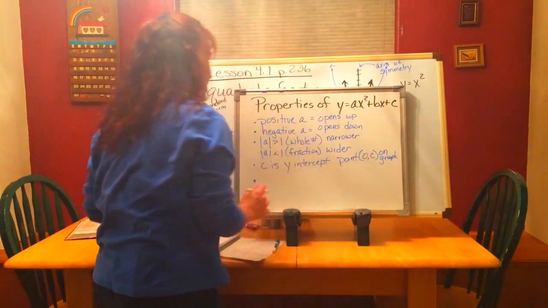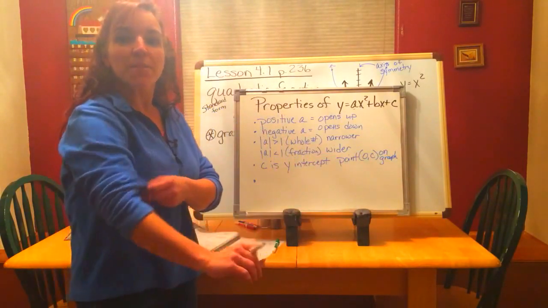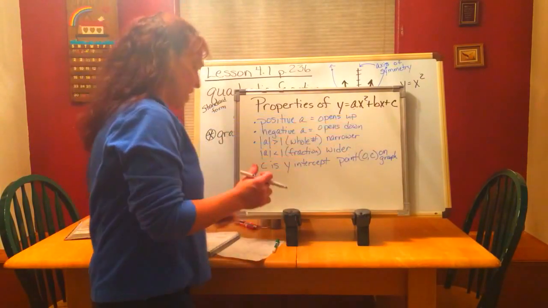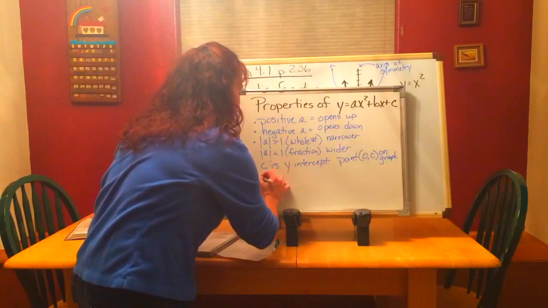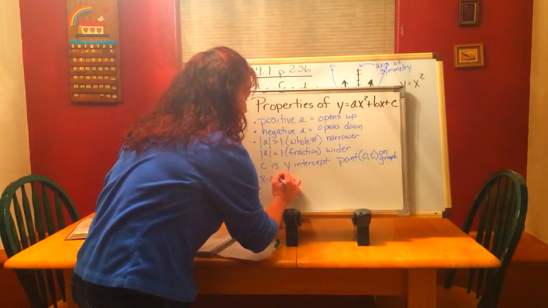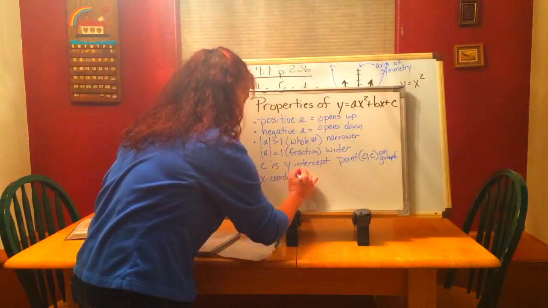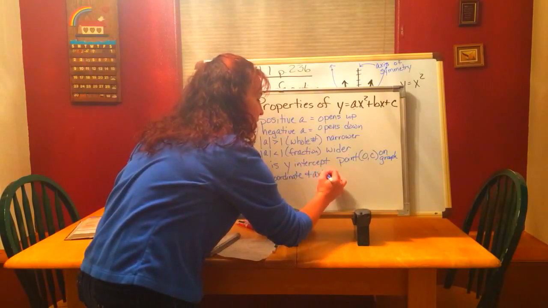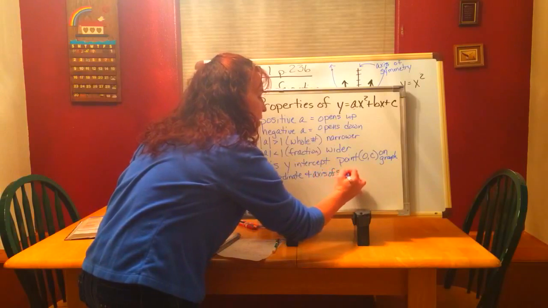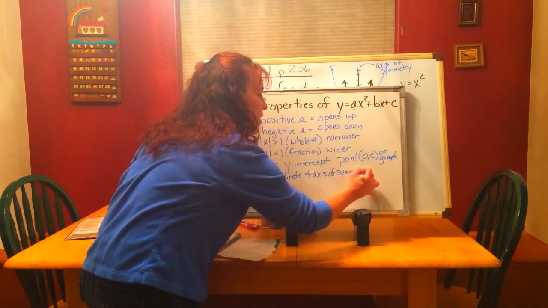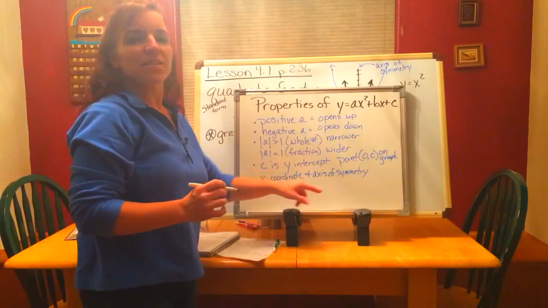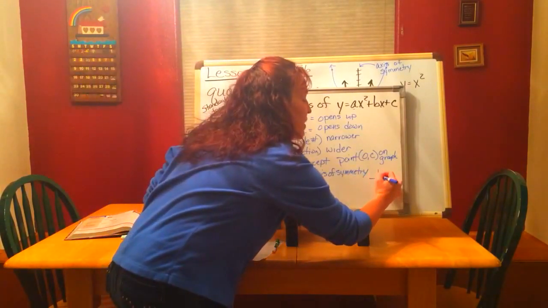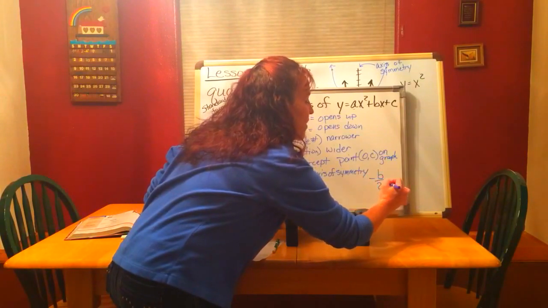So the last thing that we need to know is something that we haven't seen yet, because we haven't used that middle term yet, that B term. The x-coordinate of the vertex and the axis of symmetry can be found with the formula -b/2a.